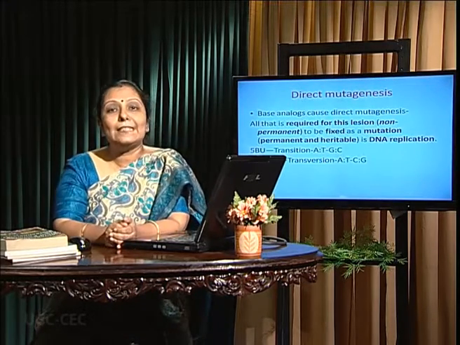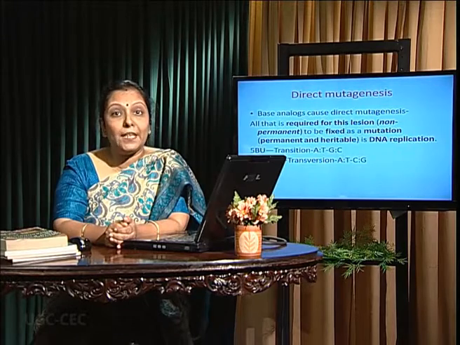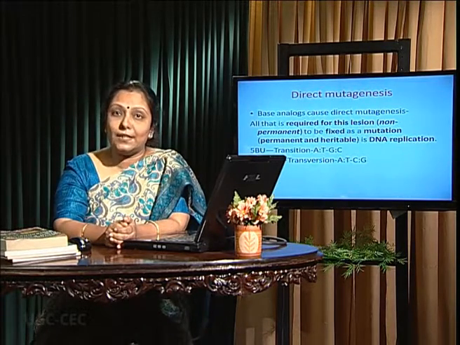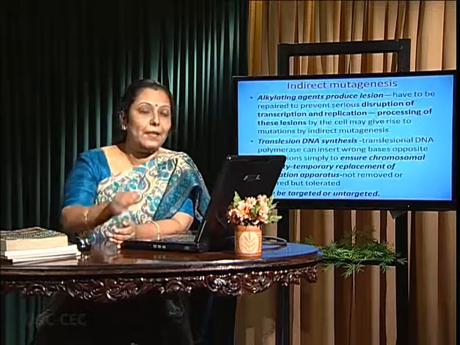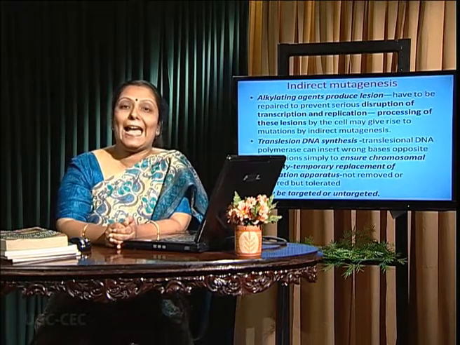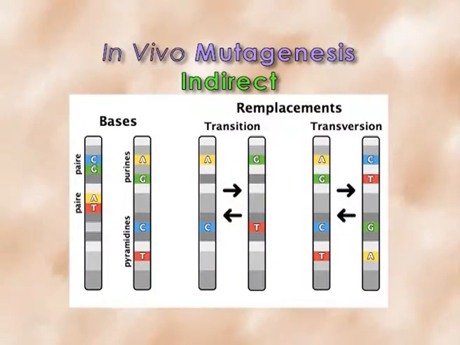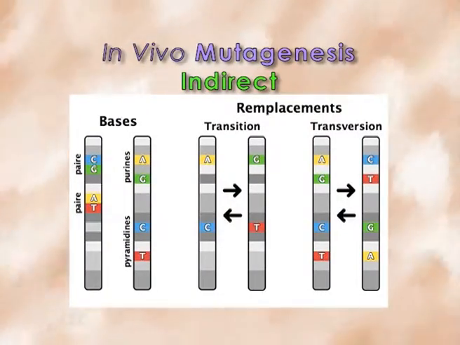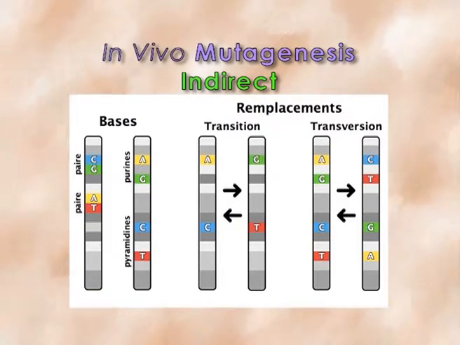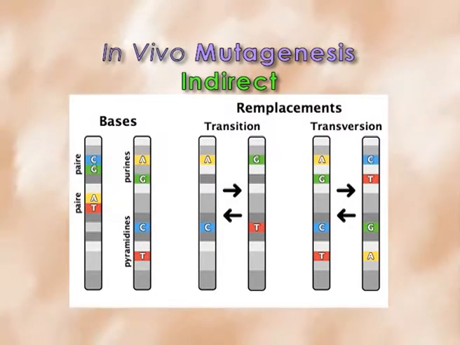Direct is caused by 5-bromouracil, fixing a permanent type of transition, and 8-oxoguanosine gives transversion. Indirect mutagenesis: suppose alkylation gives rise to cross-linking or lesion. To repair such a lesion, indirect mutagenesis can be introduced, like translesional polymerase action and error-prone polymerase action, which also give rise to indirect mutagenesis.